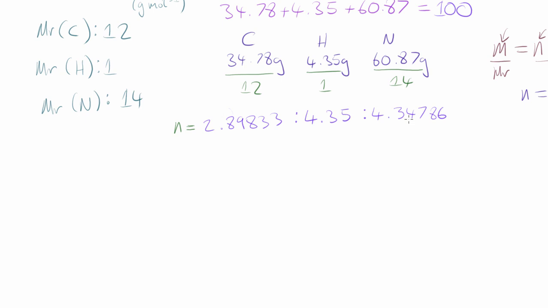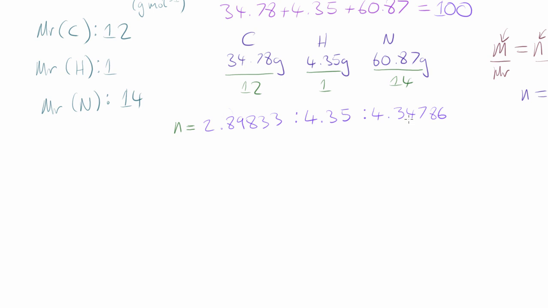So in order to get at least one of these numbers to be an integer, I'm going to divide all 3 numbers by the smallest number among them. And in this case, it's the moles corresponding to the carbon, which is the smallest. So that's the 2.89833.